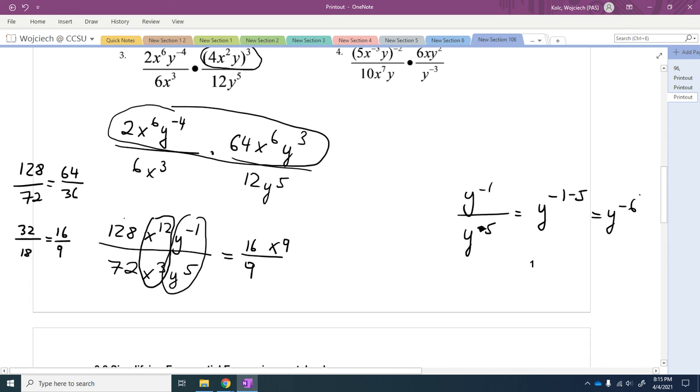And we said a few minutes ago, or in the other video, that we cannot have negative exponents. So this will be the same thing as 1 over y to the 6th. So your final answer would be 16x to the 9th over 9y to the 6th.